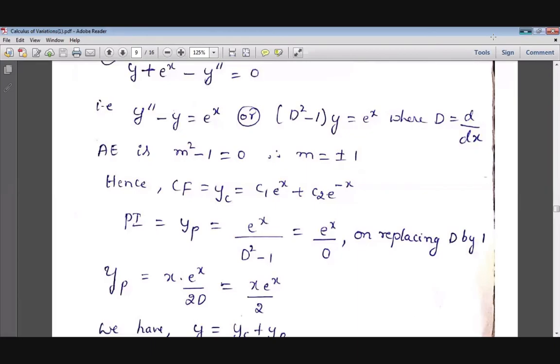Okay, in C, yes, C, B also I will share. I shared. Okay, see that notes.